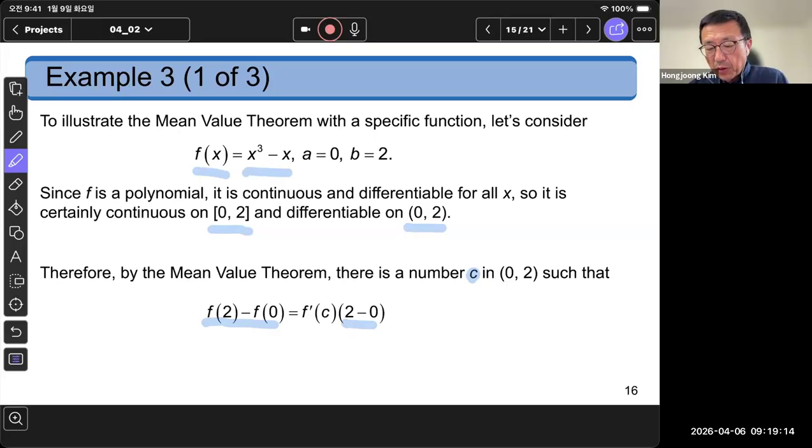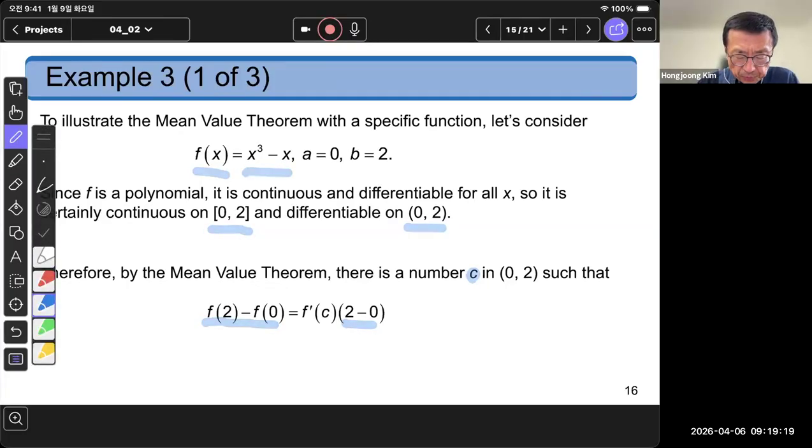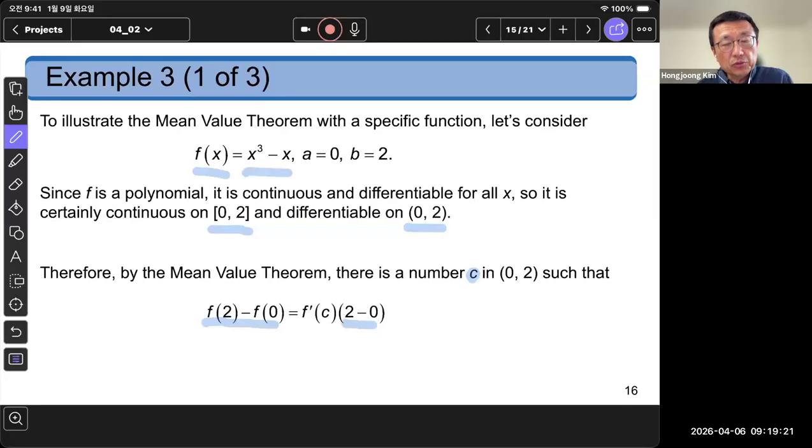Now, what is f of 2 and what is f of 0? f of 0, if I plug in 0 to the given function, you get 0. If I plug in 2 to f of x, then 2 cubed, which is 8, minus 2. So that will be 6. So the mean value theorem says that there will be a point c such that f prime of c equals 6 over 2, which is 3.